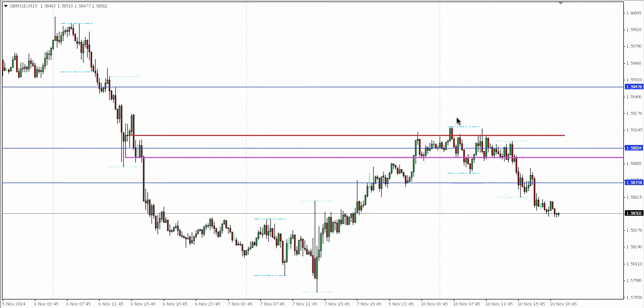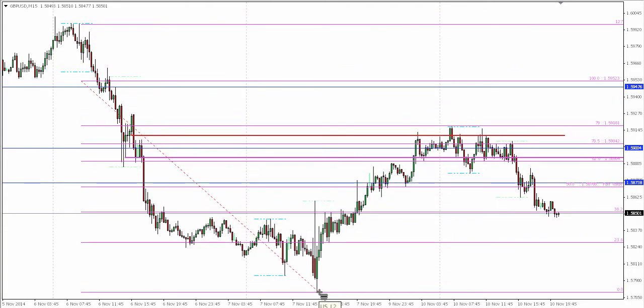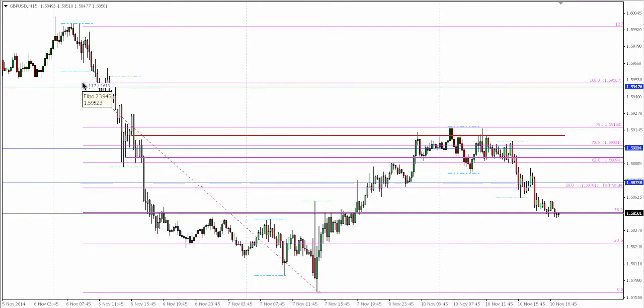Initially, this position could be taken in the direction of the trend, in the direction of the main move, based on a hidden divergence if you wanted to.